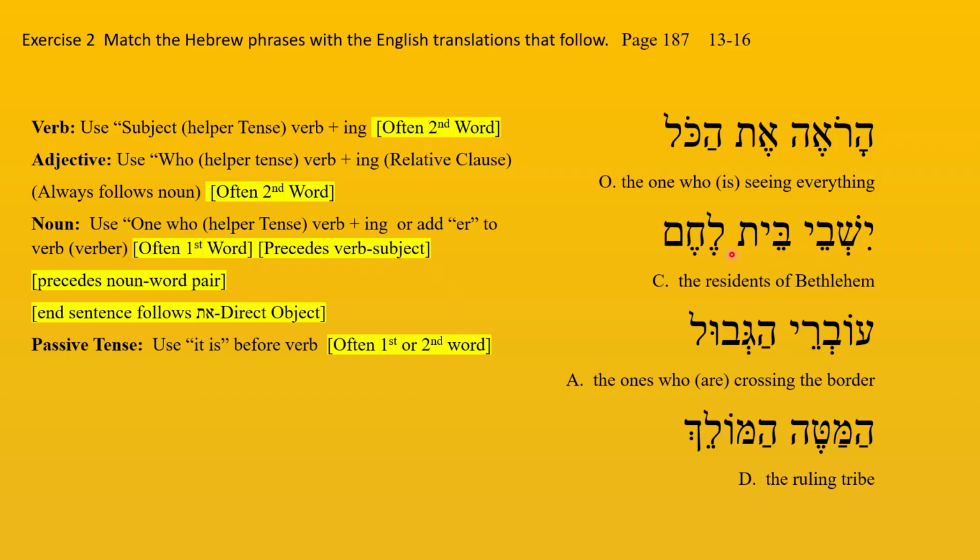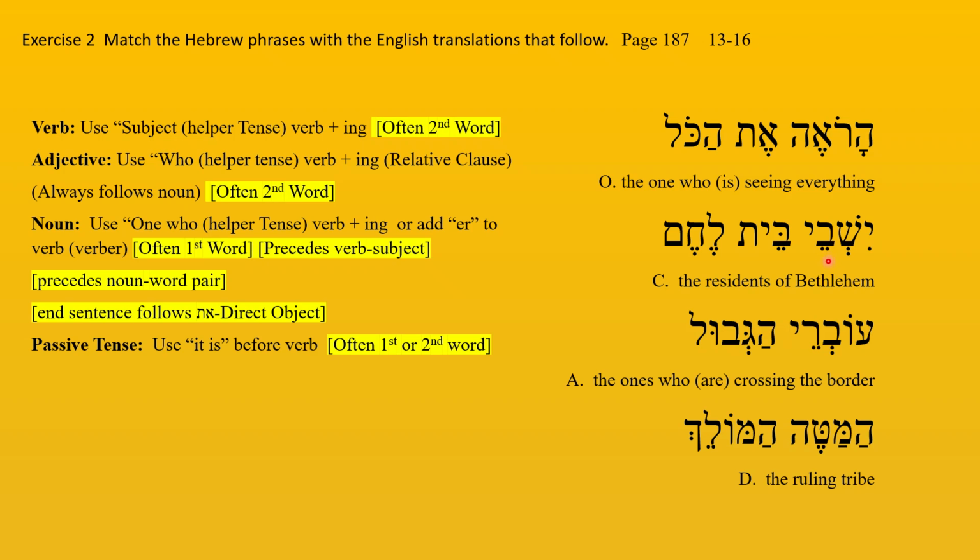Yishvei Bethlehem. So your noun Bethlehem is the second word of the sentence. Okay, there's no verb, so maybe this could be the verb, except that you notice this. A definitely eliminates this as the verb because it is the word pair form marker for masculine plural.